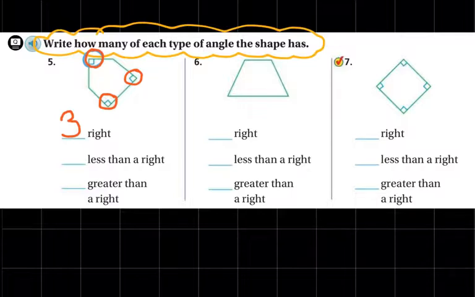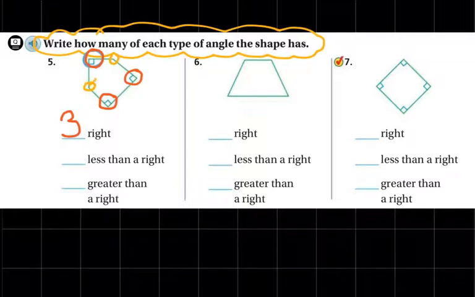But there are none here, because let's look at these angles. Here's an angle here, here's an angle here. To be a right angle, this line here would have had to come from here. That would have made a right angle. It did not do that.